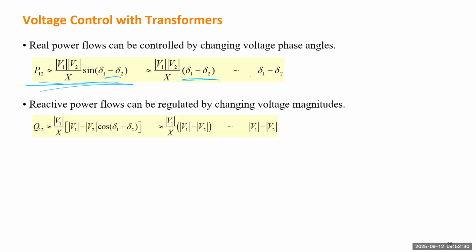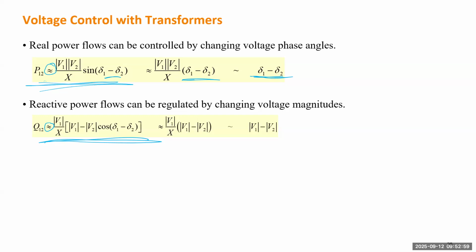So basically, real power depends on the angle difference on both sides. So if you utilize the transformer to change the angle difference, you'll be able to control the active, real power flow. Reactive power flow is calculated based on this formula if we ignore the loss. This approximation is because we ignore the loss.